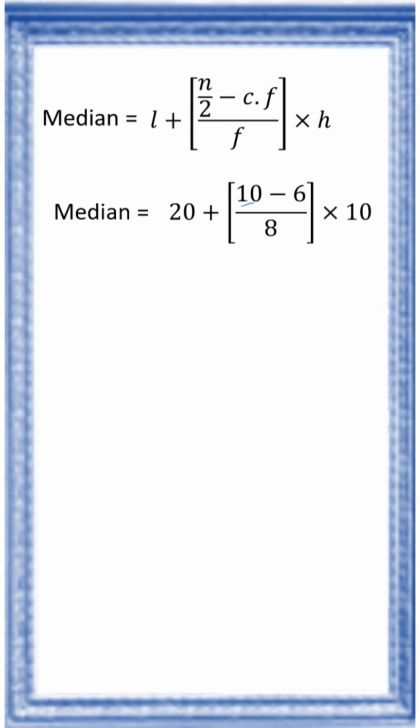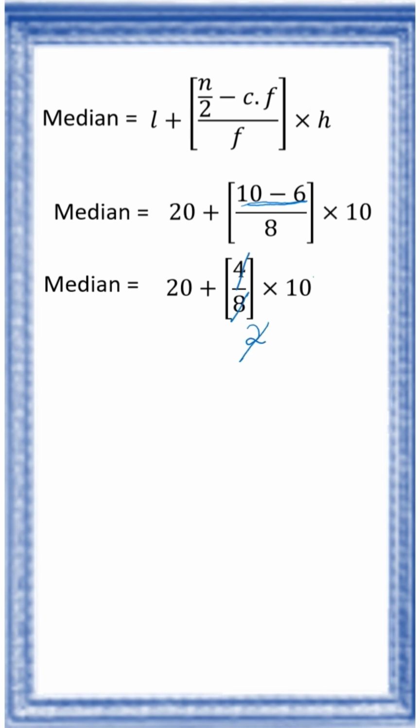Now 10 minus 6, that is 4. So median is equal to 20 plus 4 by 8 into 10. 4 ones are 4, twos are 2, ones are 2, fives. So median is equal to 20 plus 5, that is equal to 25.